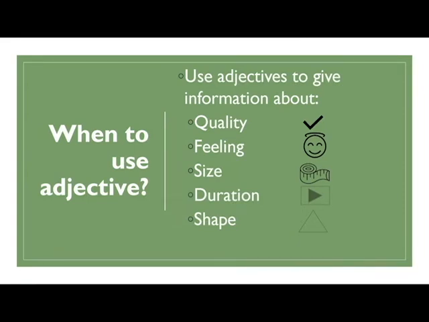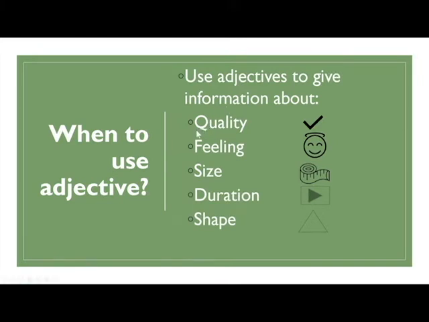So when do we use adjectives? Here I've explained some of the examples of when we use adjectives. We use adjectives to give information about the quality of something. And the quality of a noun, for example, if it is good or bad or average or exciting, or beautiful.